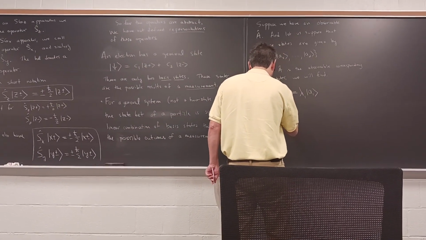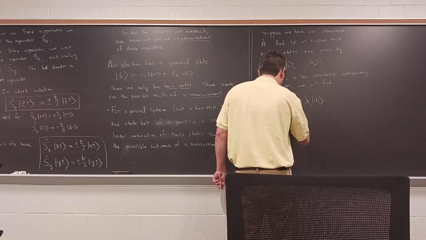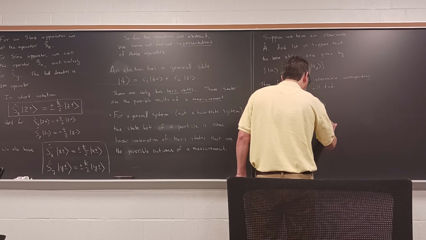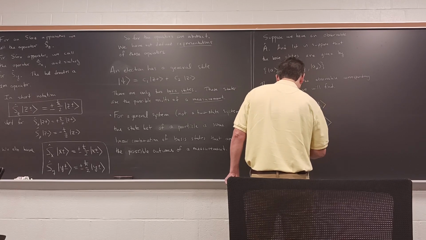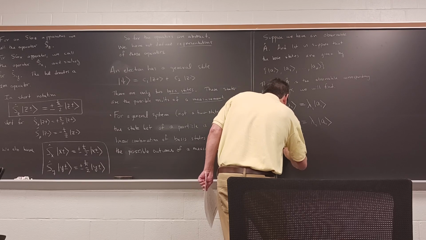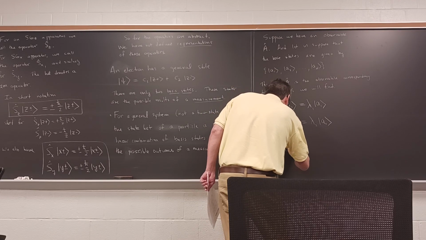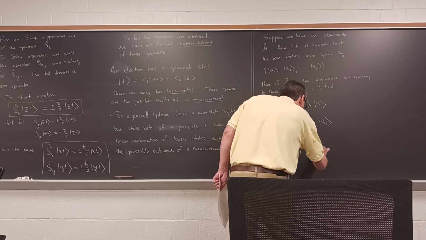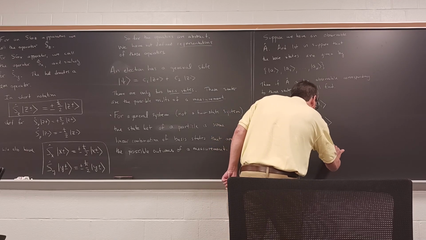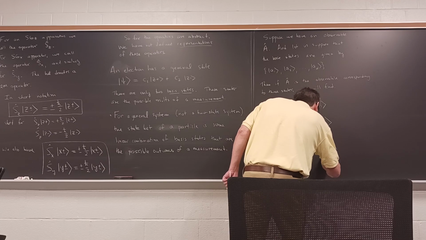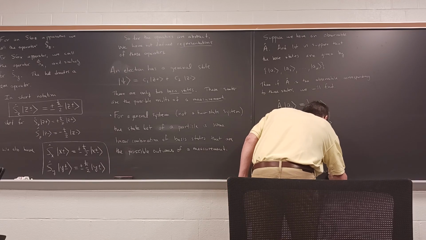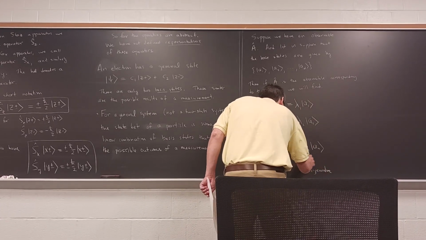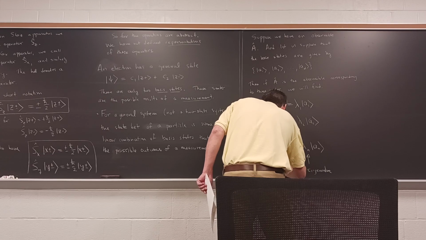Okay, so if I were to do the same thing with the second basis state, I would get something like lambda 2 A2, and so on. So in general, I would have A operating on A sub n, some ket, is lambda n A sub n, where lambda n is called an eigenvalue, and the A n is called an eigenket.